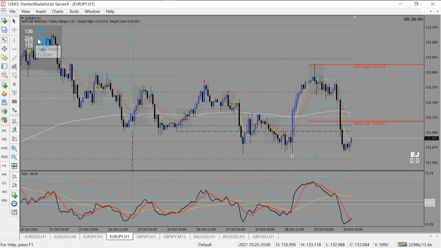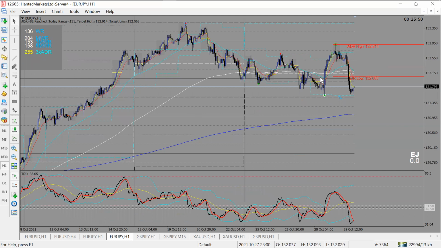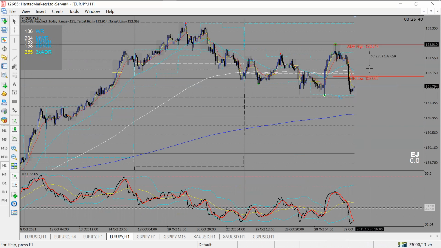Say this weekly move, the 3 times ADR has to do with the average daily range. What is the average daily range of EJ? Is it expected to move today?